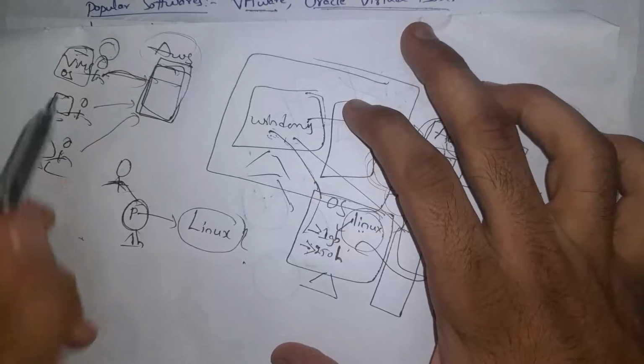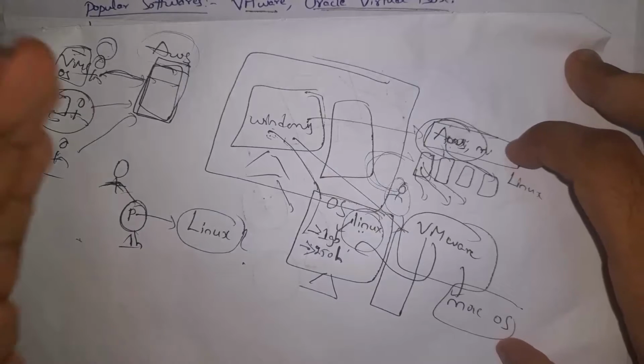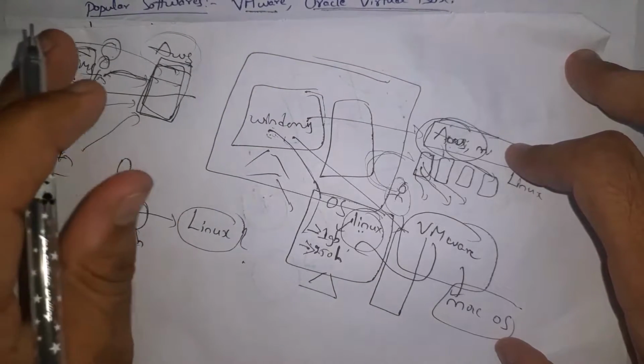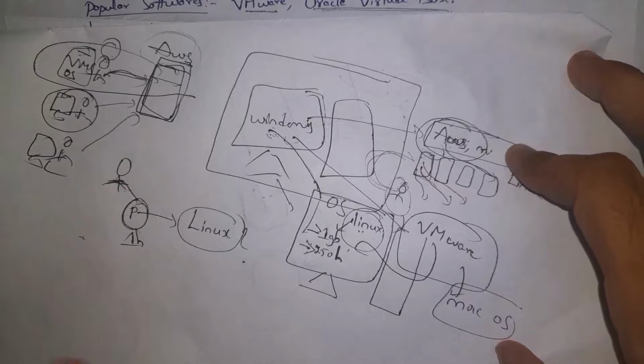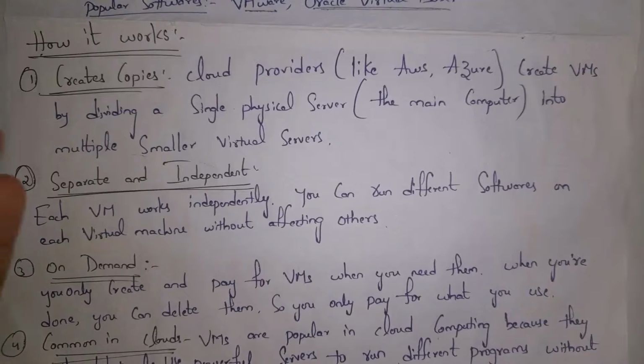This person also will store some files, and this person also will store some files, and all these three are independent. Only this person can see his data, that's it. He cannot see others' data, and this person cannot modify or delete others' data. So each virtual machine is independent.